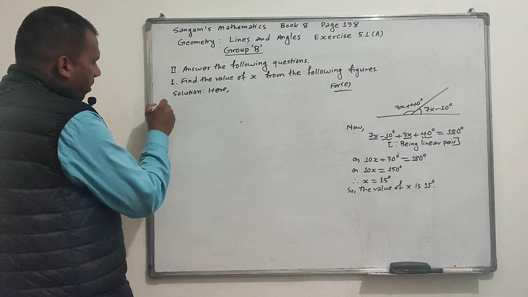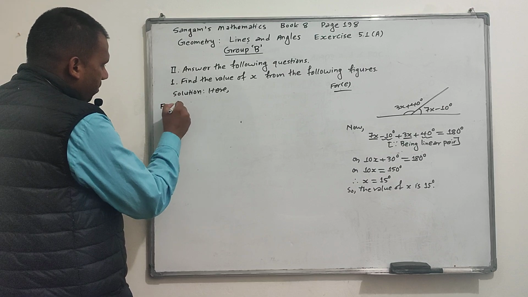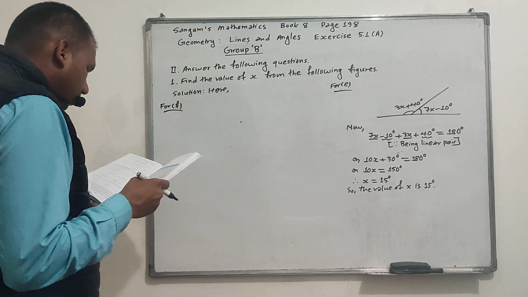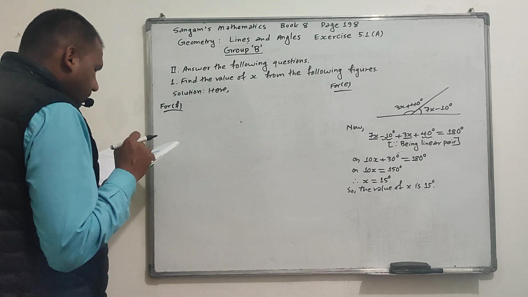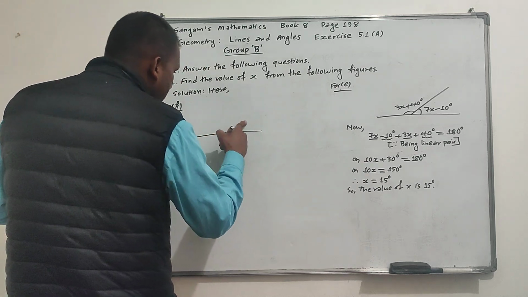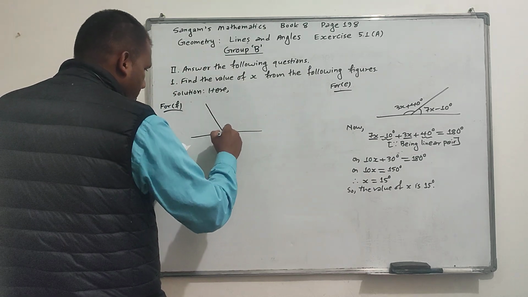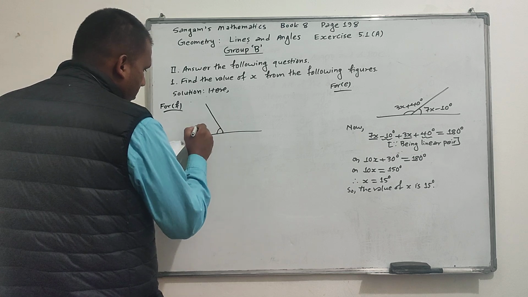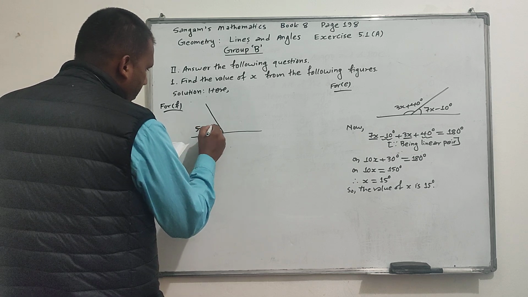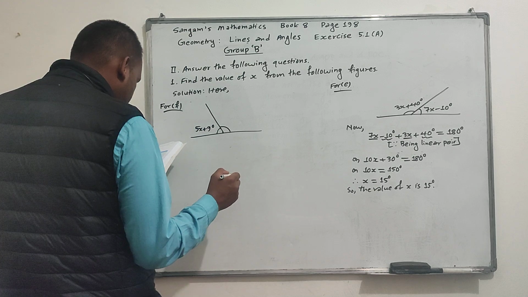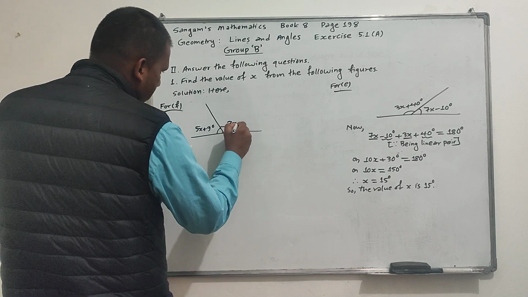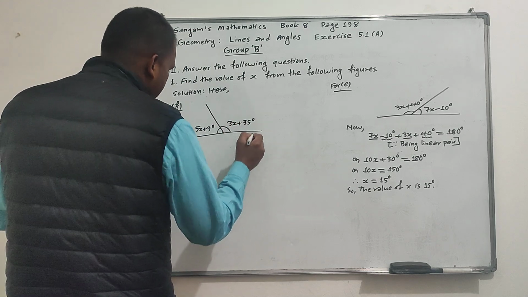For the figure, the first angle is 5x plus 9 degree, and the second angle is 3x plus 35 degree.